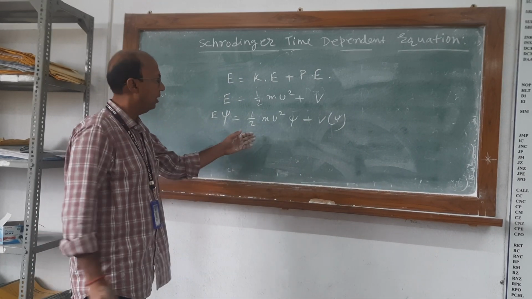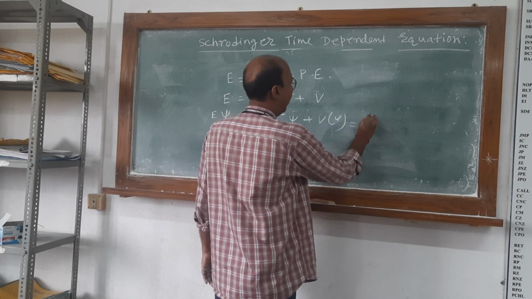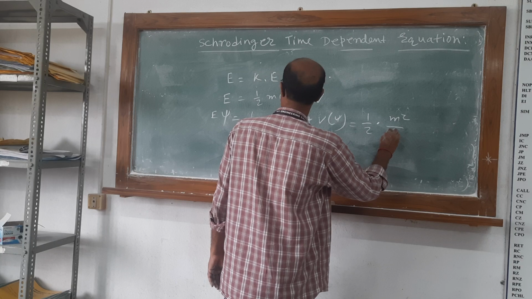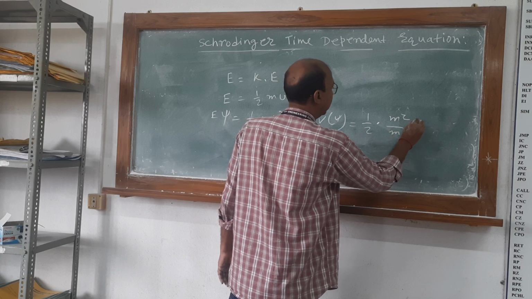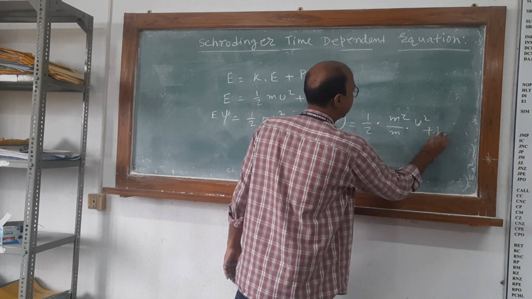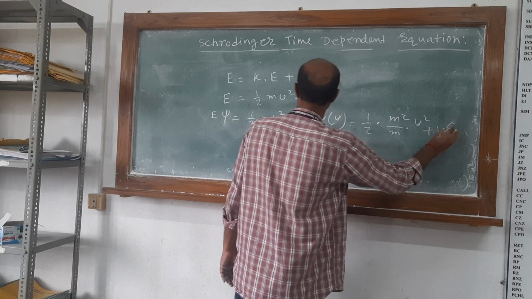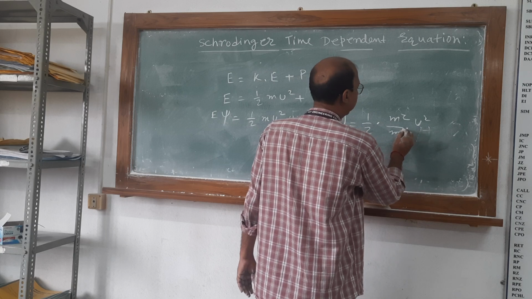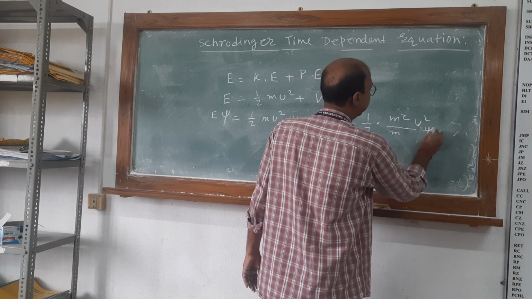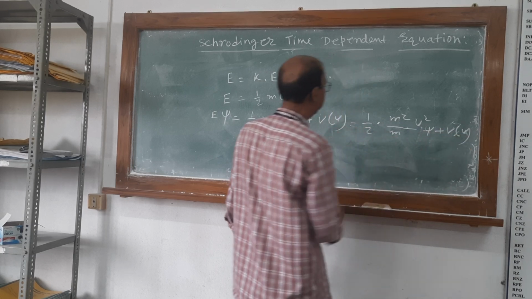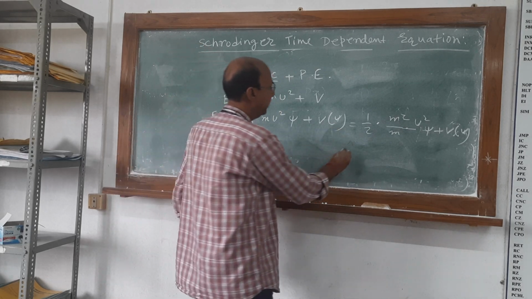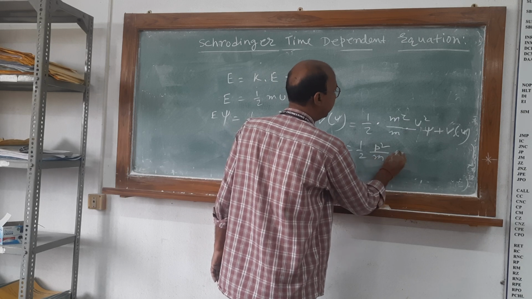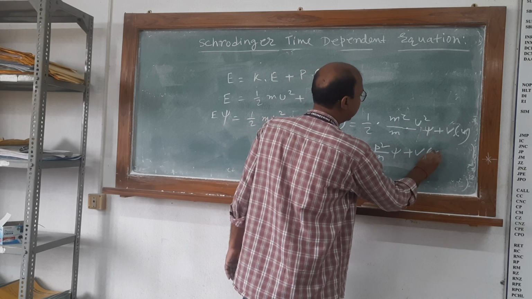Now this half m v squared we have to retain in this way: half m squared v squared by m, psi plus V psi. So this becomes half p squared, momentum squared, by m psi plus V psi.